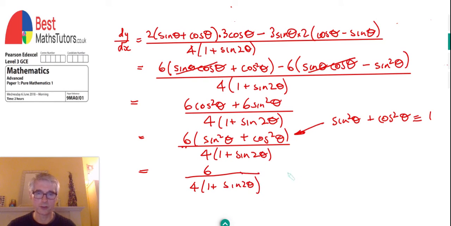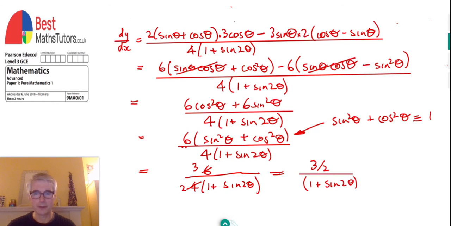And we're very close to the final answer. If we just simplify this, that's a 3, that's a 2. And so that would actually be 3 over 2 over the 1 plus sine 2 theta.